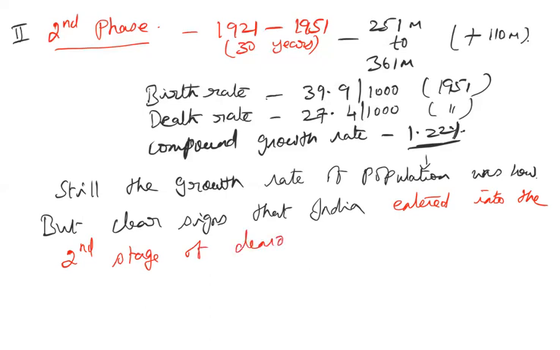So that's why 1921 happens to be the great dividing year. Okay, so this is the second phase of population growth in our country.